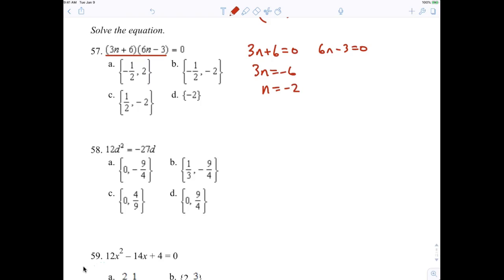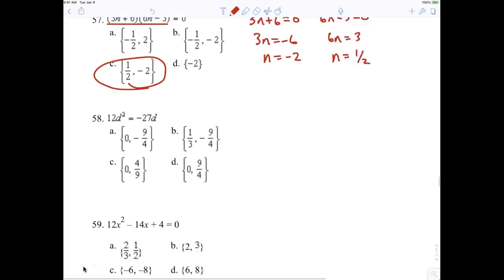Negative 2. 6n equals 3, n equals what? 1/2. So correct answer is? C. I think C is good. Any questions?